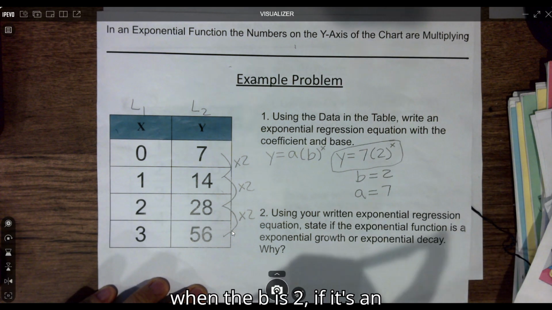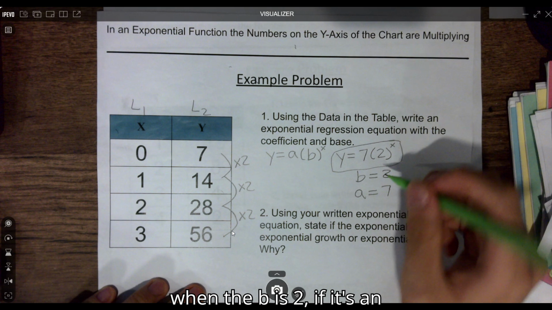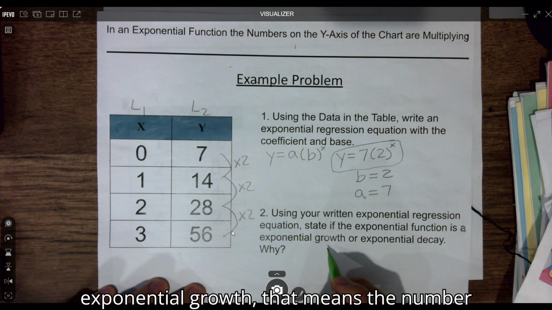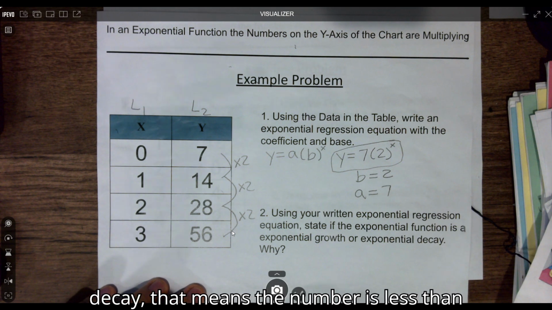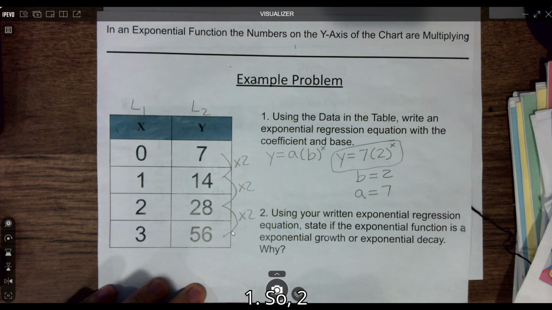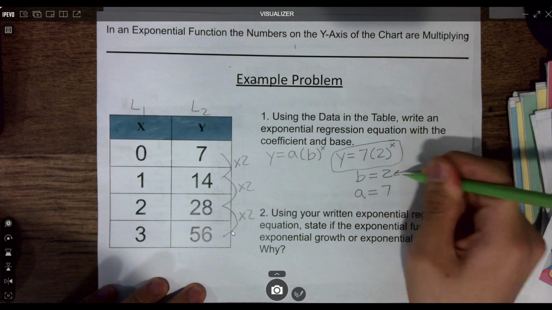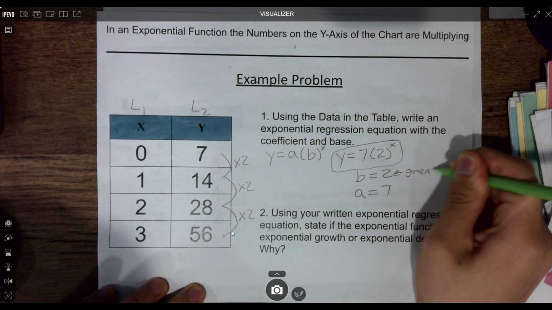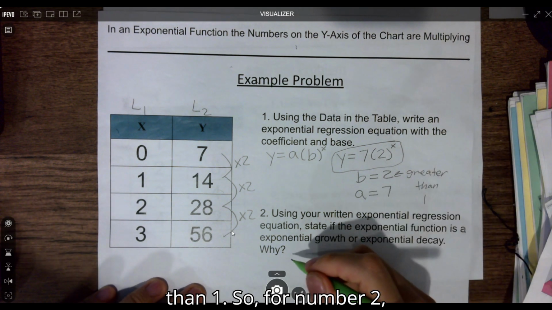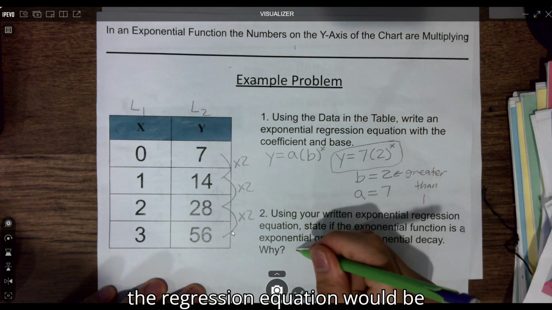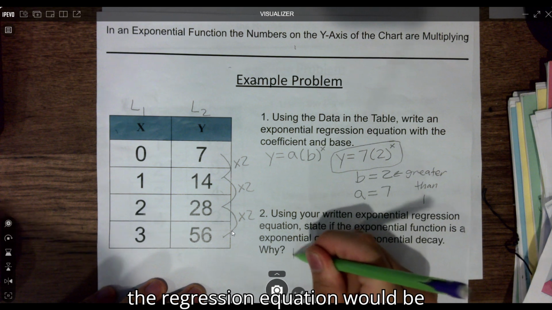Well, when the b is 2, if it's an exponential growth, that means the number is greater than 1. If it's an exponential decay, that means the number is less than 1. So 2 is greater than 1.